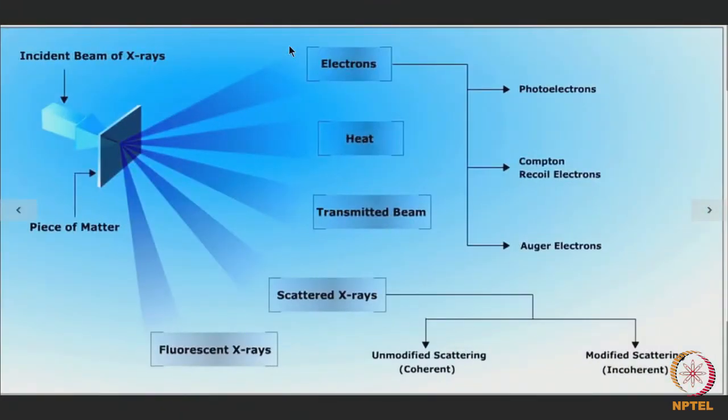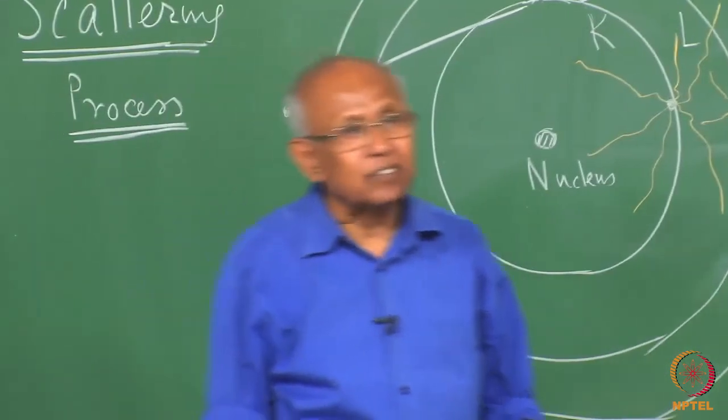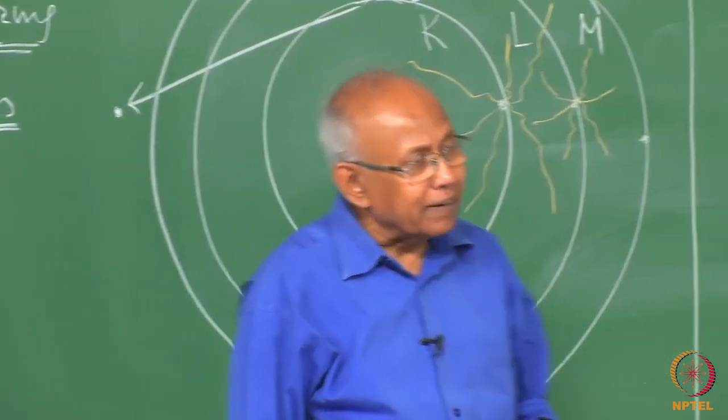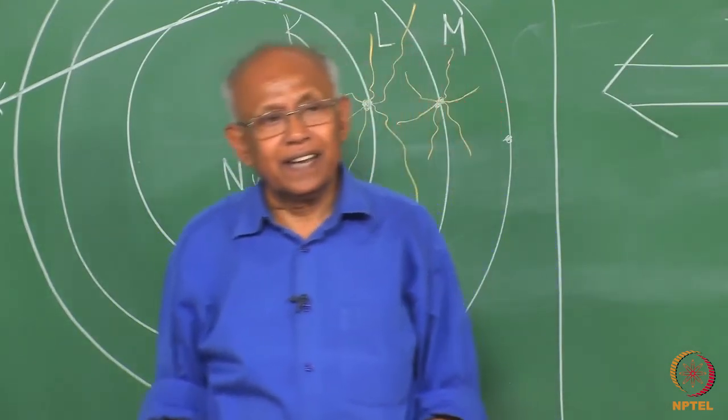Now, let us talk about the interaction between an X-ray beam and a piece of matter. You see, ultimately we are going to use X-rays to unravel the mystery that lies inside a crystal.